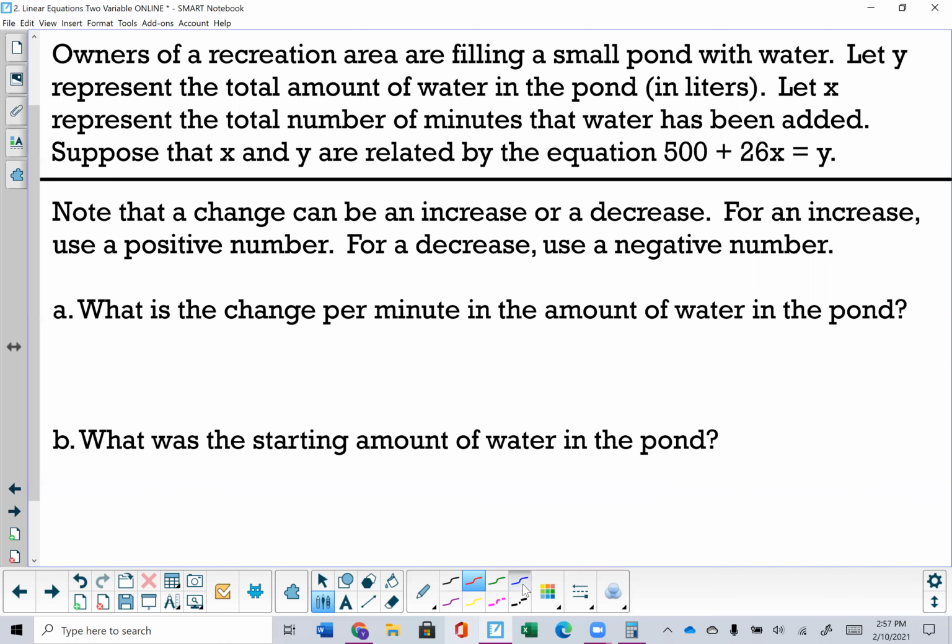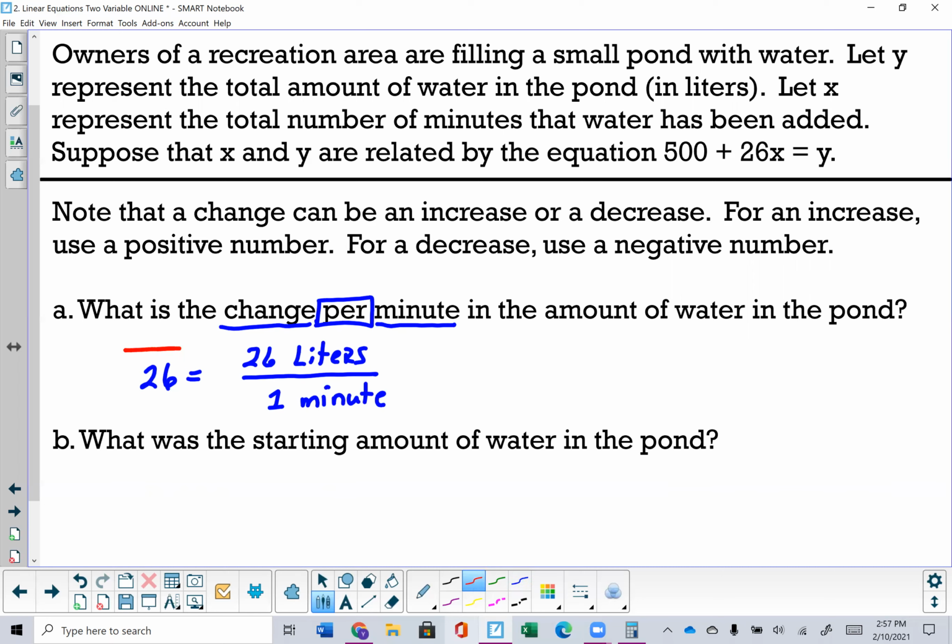All right. So again, looking at the question, we have change per minute. That tells me I'm dealing with a ratio. In this case, it's the slope. That's the ratio. It's 26, which refers to 26 liters per 1 minute.